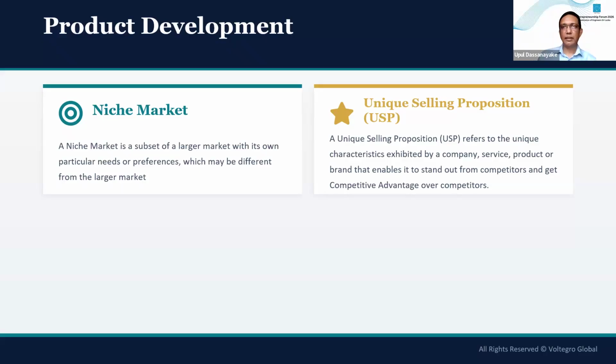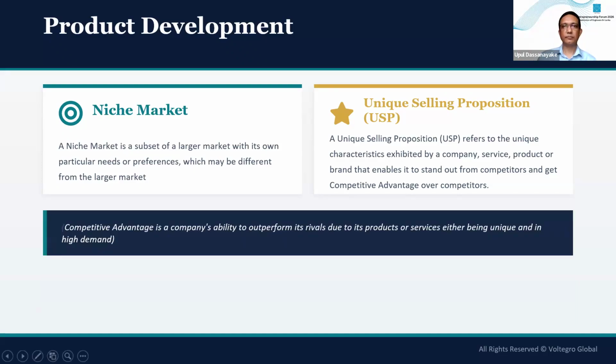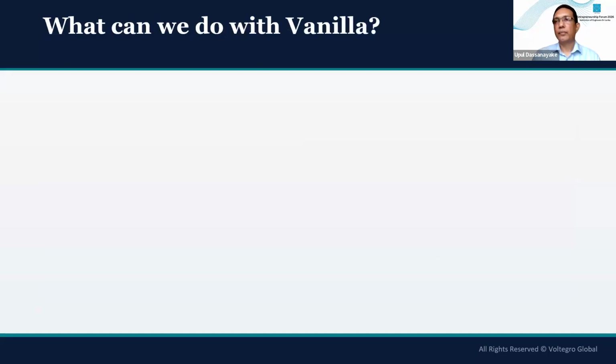Now let's see. We all know what vanilla is. It's not something new to us. What can we do with vanilla? What is the use of vanilla? Why do we use vanilla? It gives smell and, in food, taste.